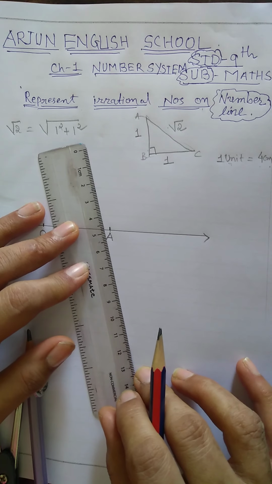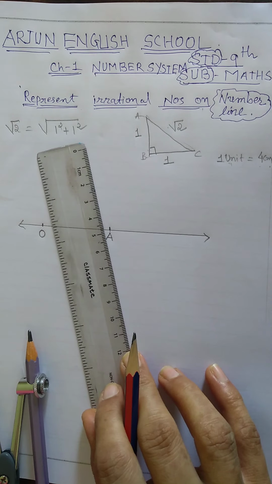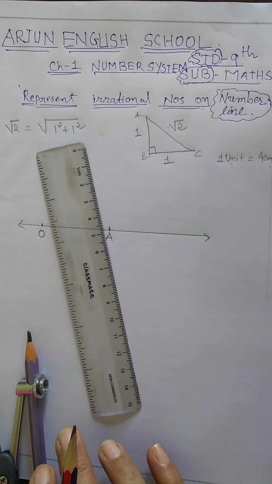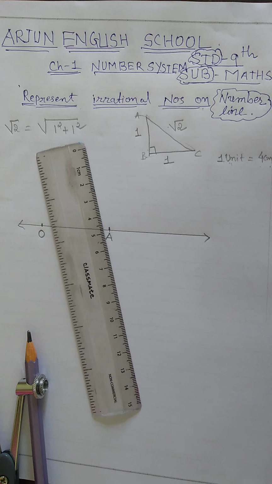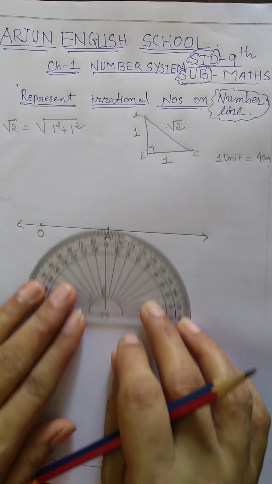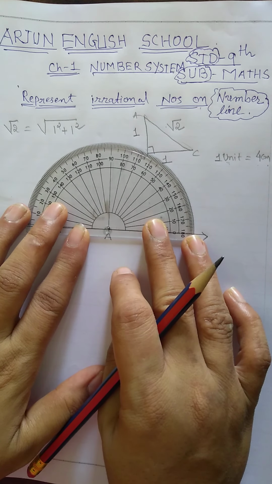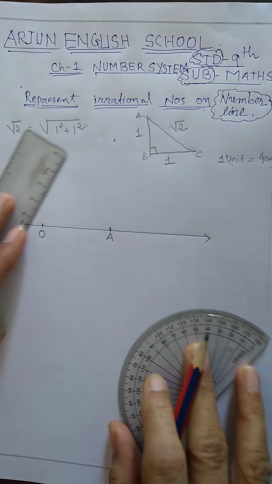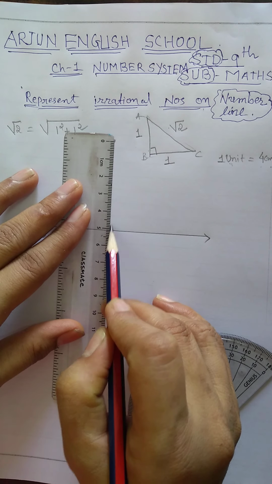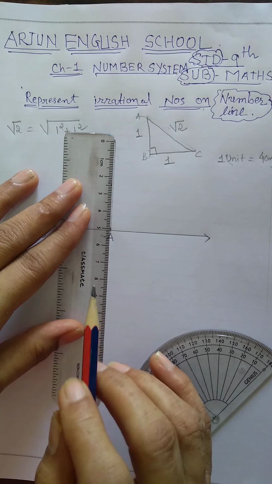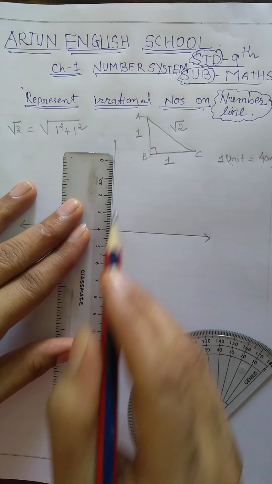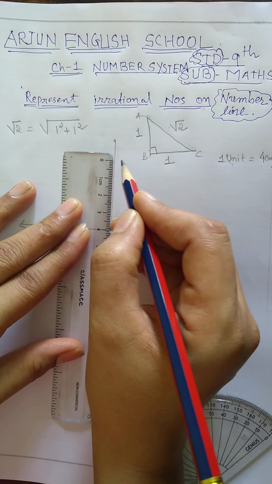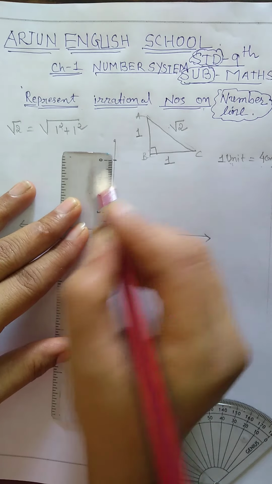Now, here you can use a rounder or you may use a protractor. With the help of the protractor, draw 90 degrees here. And on this line, take 4 centimeters. 4 centimeters means 1 unit.